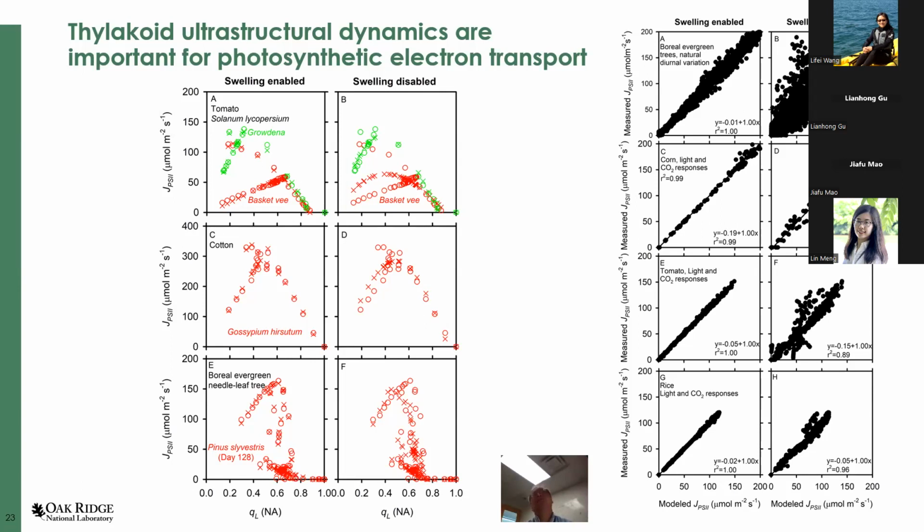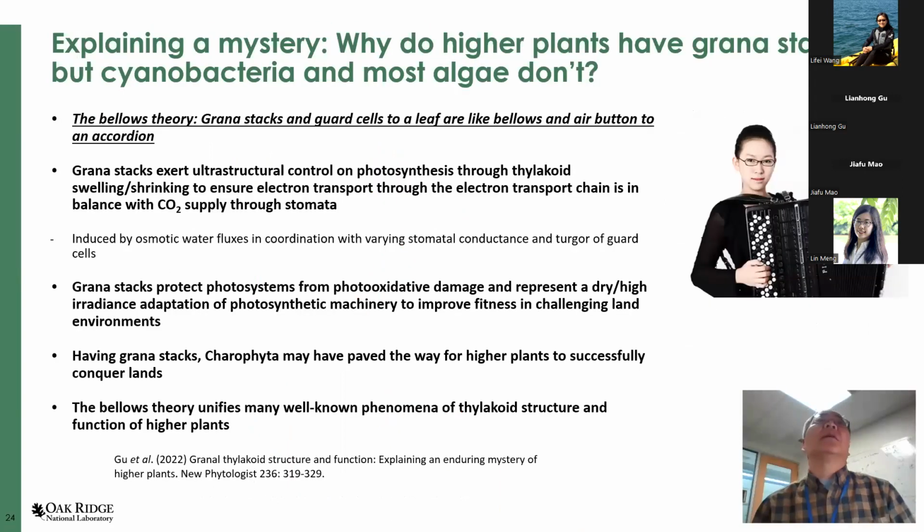These results beg the question, what evolutionary benefits does thylakoid swelling and shrinking have for higher plants? We proposed the Bellows theory to explain this mystery.